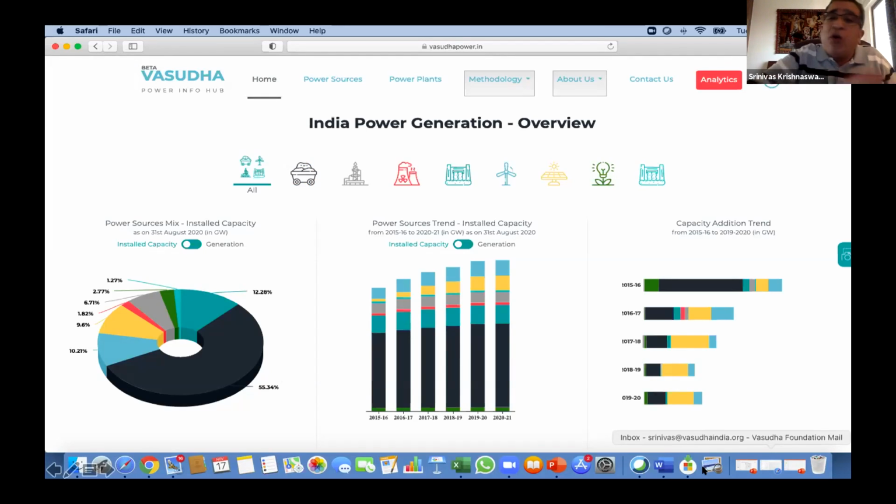I won't get into the details, but the site right now provides data on the supply side, and we also have a whole lot of parameters in the analytics section that link the power sector to a wide range of other issues such as forest, land, water availability, and so on.